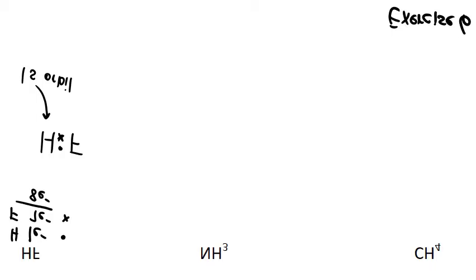Here's what we know. Hydrogen only has a 1s orbital, and it will hold 2 electrons. Once I make that bond, that 1s orbital is full, and we say that hydrogen has a full shell and that the octet rule is satisfied.